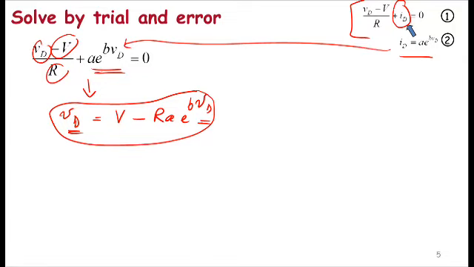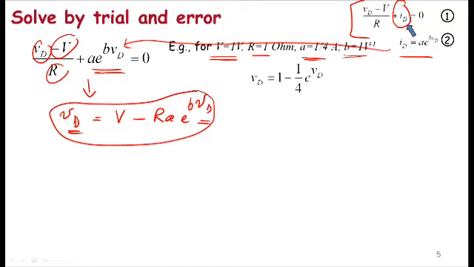So let's say we try to solve this for the following values of various parameters. Let's assume that the input voltage V is 1 volt. Let's use R of 1 ohm. Let's use the constant A to be a quarter of an amp, and let's use B as 1 volt inverse. Okay, those are the values that I'm going to use. And for that set of values, I get VD equals 1 minus a fourth e raised to VD.